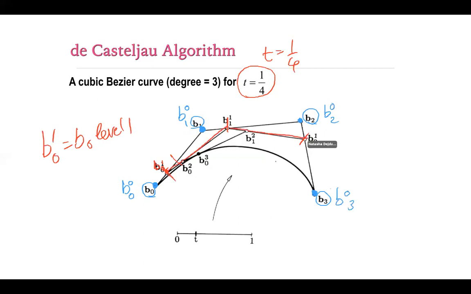So from 4 points, we reduce to 3 points.